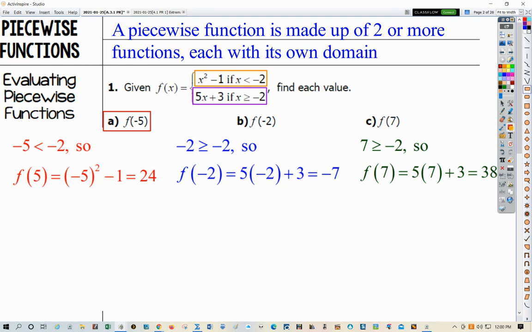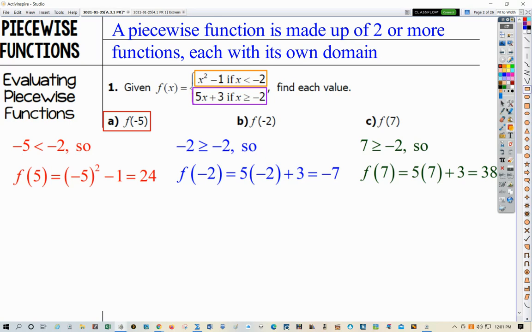The top one. The top one, good, right? The top one, because our input value, -5, is an x value that is less than -2, right? So at x equals -5, we're on the orange piece of the function. Everybody see that? Okay, so that's the piece we're going to use.